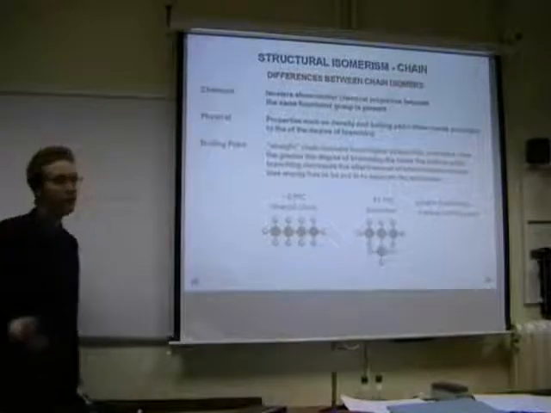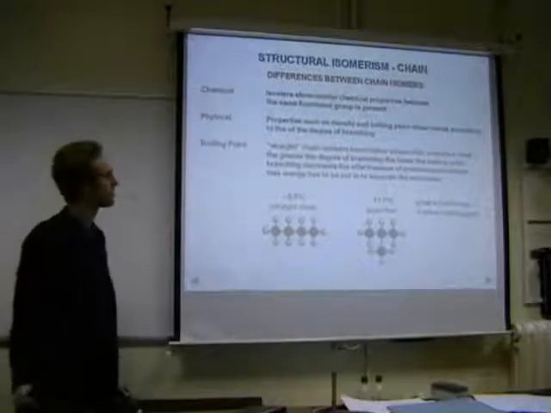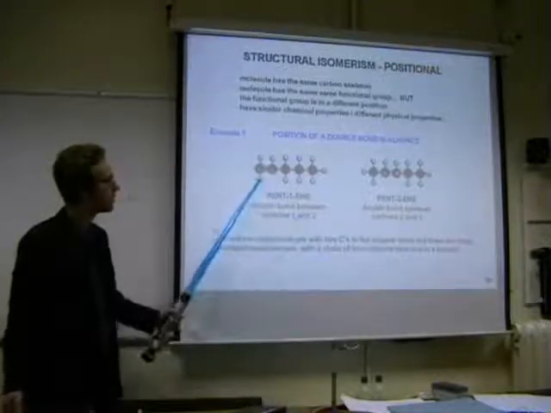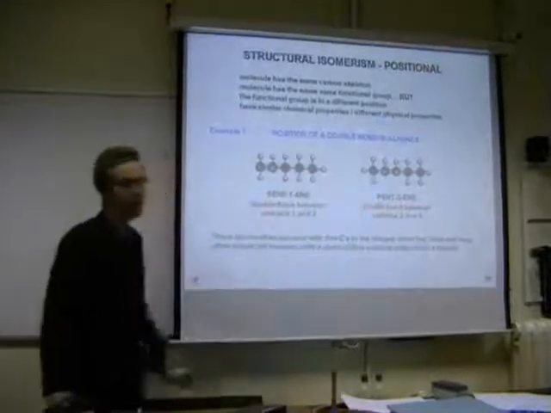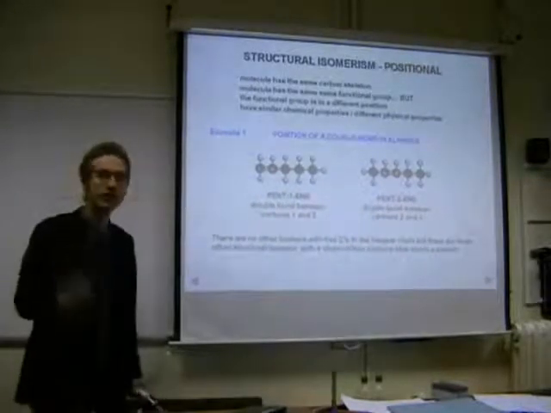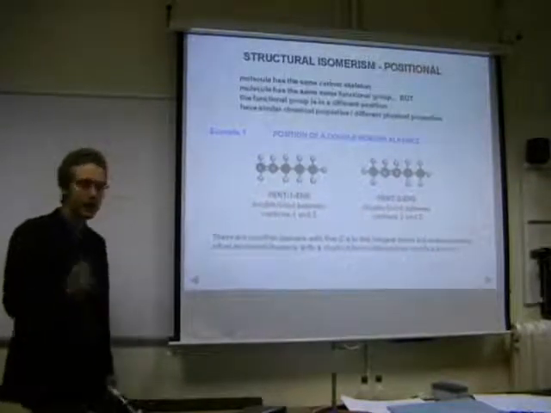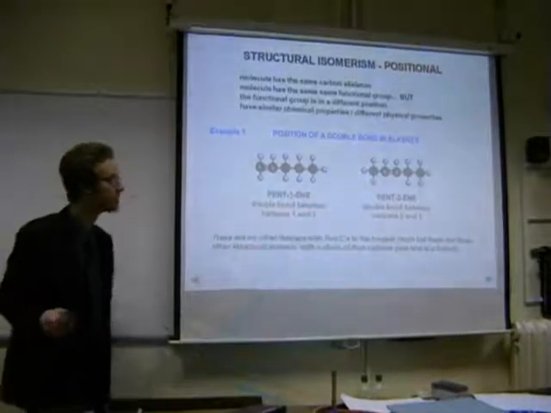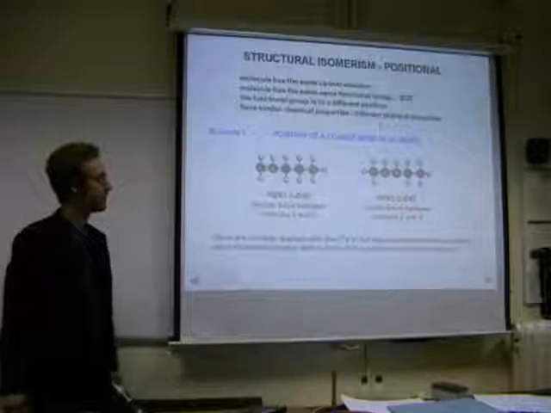So not a big difference, but still a difference. You should be aware that this is pent-1-ene and this is pent-2-ene, and that is again an example of positional isomerism. Even though it's got a double bond and you think it's going to be geometric, these two are positional isomerism. Okay?